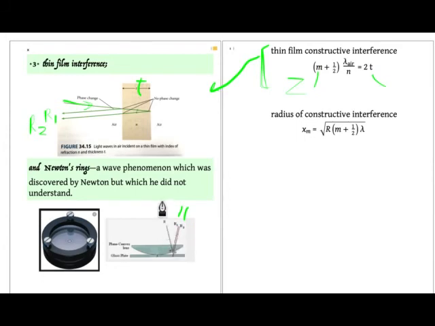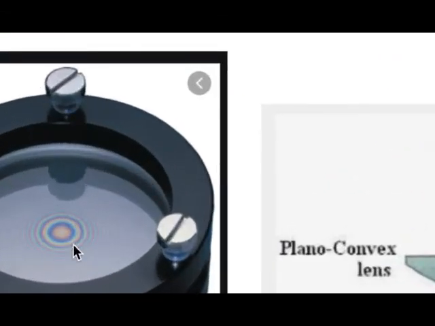So part of the light will be reflected from the convex part of the lens, and part of the light will be reflected from the upper surface of the glass. Those will interfere.